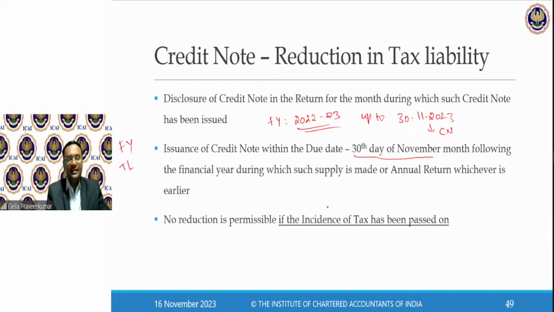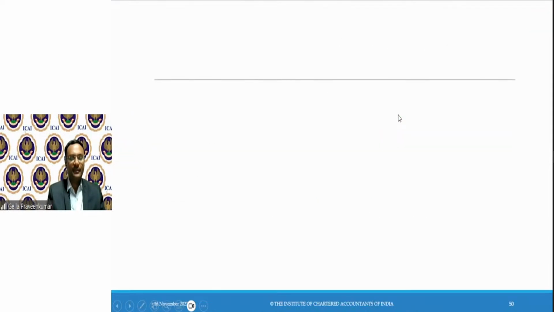Now, when I say incidence of tax has been passed on, I'll give one example with respect to this incidence of tax. A good old central excise MRF case. Incidence of tax.